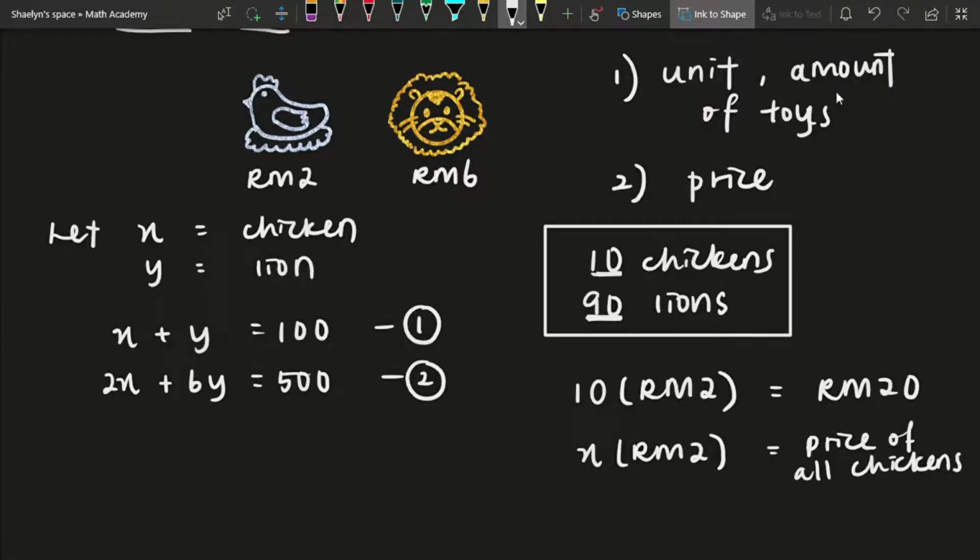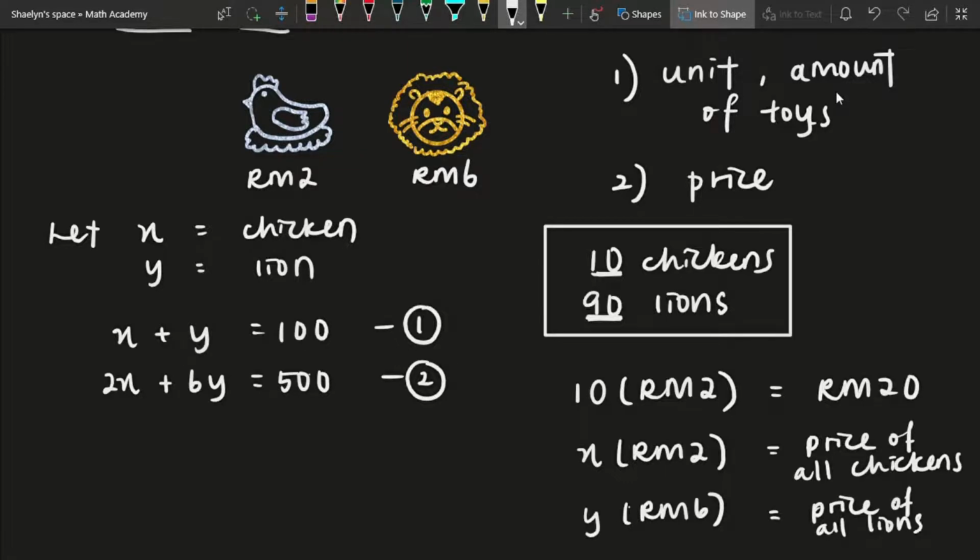And then we also know that I say 90 lions right here, but I do not know whether it is 90. So the 90 actually represents y, which is the number of lions you get at the end. So it's actually y times 6 ringgit, and then it will be the price of all the lions.